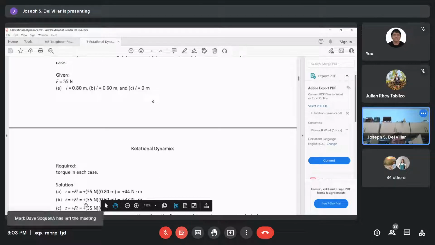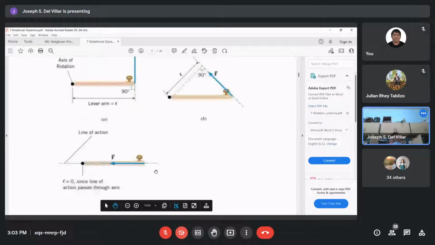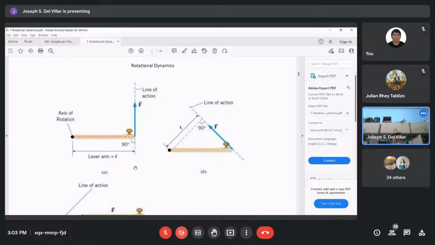So in letter A, torque is equal to F times L, product of the force times lever arm. So 55 newtons times 0.8. So that will give us 44 Newton meter. Positive. So, ibig sabihin, this is a counterclockwise direction. So, let's try. Okay, so kapag may in-apply tayong force dito na 55 newtons and this is 0.8 of a meter, so sa anong direction ng door makikita nyo kapag nandito yung force tinulak?